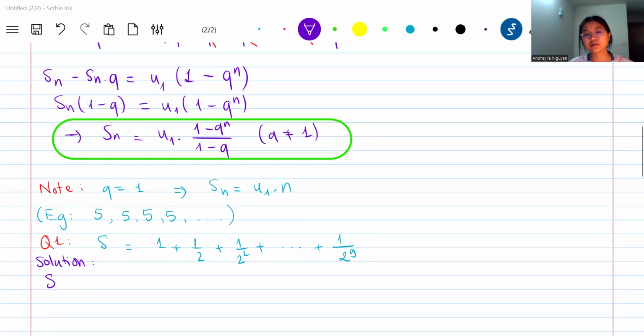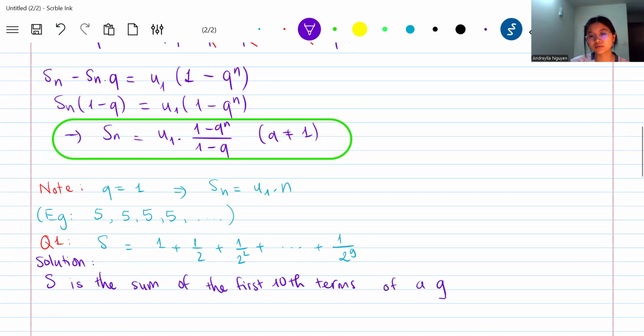I can recognize that as the sum of the first 10 terms of a geometric sequence with u1 equal to 1 and common ratio q equal to 1/2.